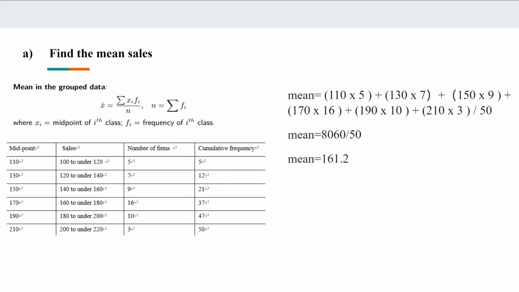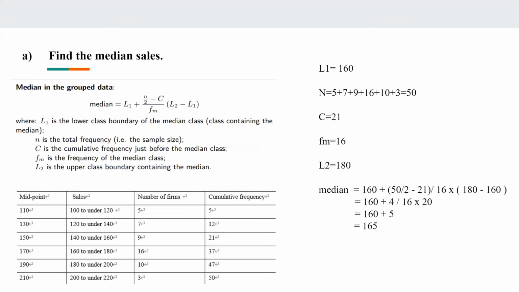Then these midpoints must be multiplied by the frequencies of the corresponding classes. The sum of the products divided by the total number of values will be the value of the mean. The mean is 161.2.